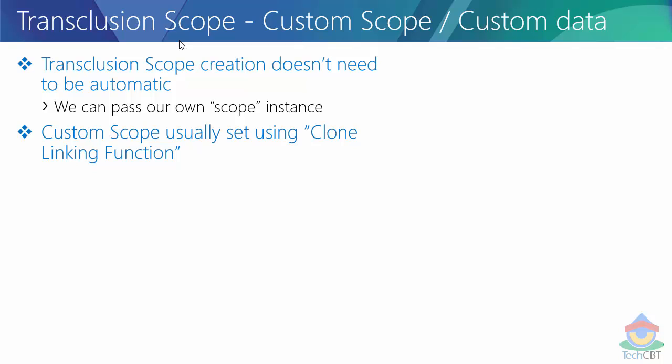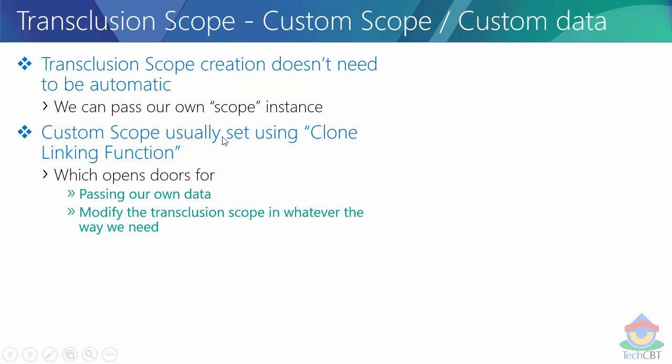And using the clone linking function, it is not just the transclusion scope. You also have the option to create your own custom scope object and send it across to your clone linking function. And all of this is nothing but you are having more options to provide very specific data to your transcluding content.